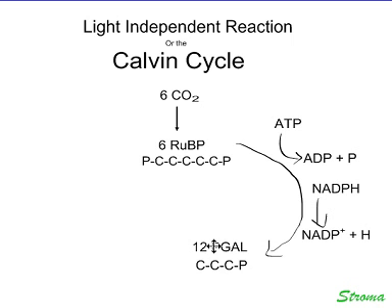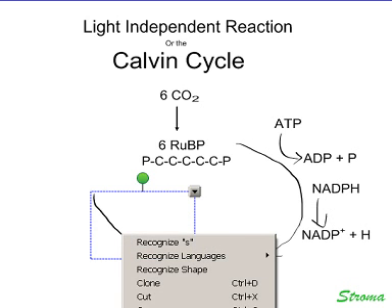So here we are. We're stuck with 12 p-gals. Big flip. Let me tell you why it's a big flip. For the most part, these just cycle around. Remember, it's called a cycle, right? A cycle kind of says this thing goes full circle.